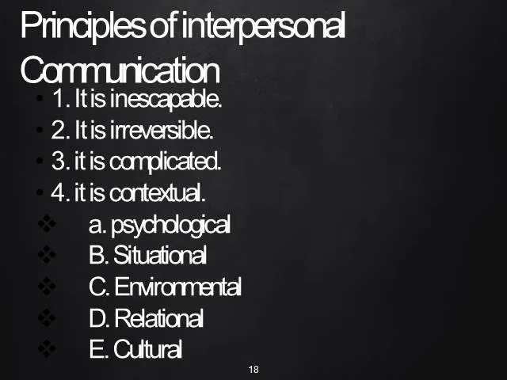Interesting. Number three, interpersonal communication is complicated. No form of communication is simple. Even relationships sometimes can be complicated. The theories note that whenever we communicate, there are at least six people involved: who you think you are, who you think the other person is, who you think the other person thinks you are, who the other person thinks he or she is, who the other person thinks you are, and who the other person thinks you think she is.